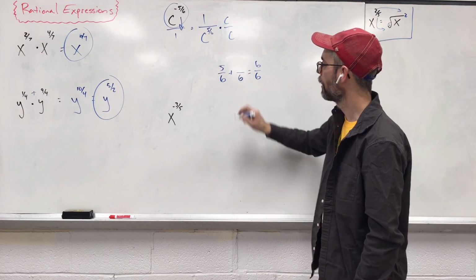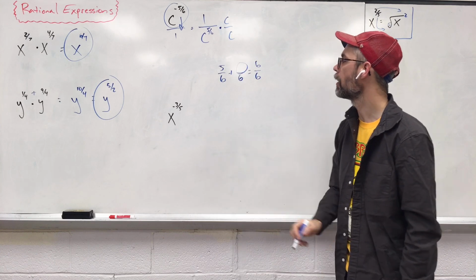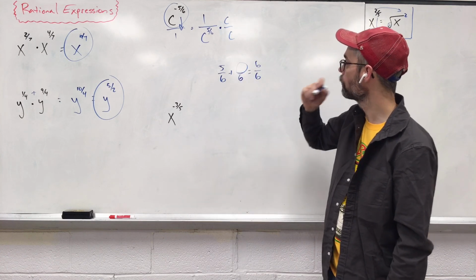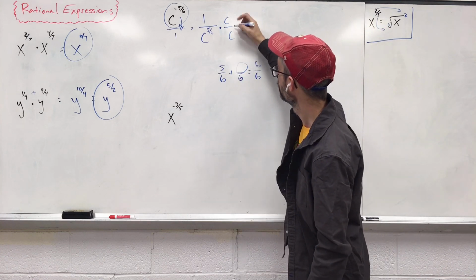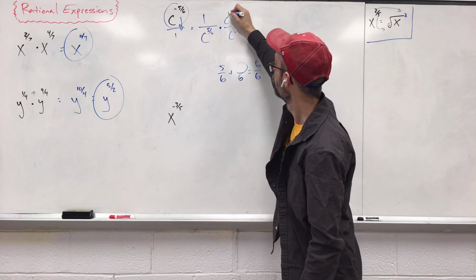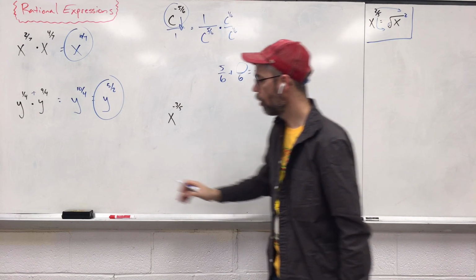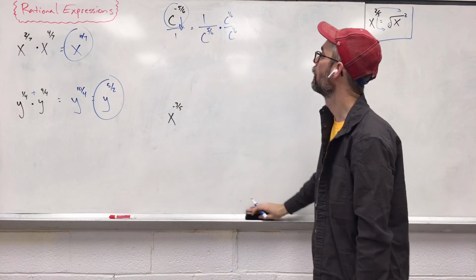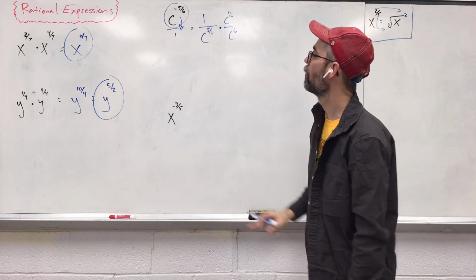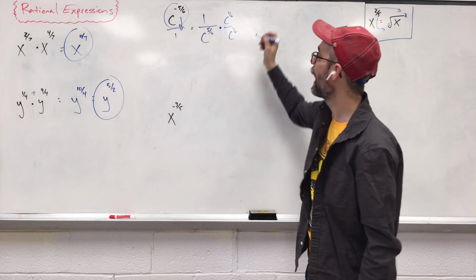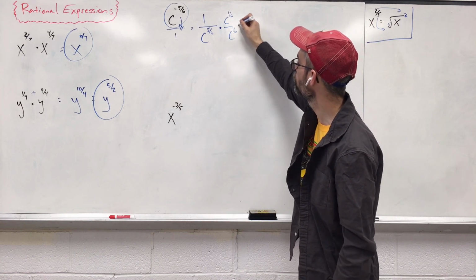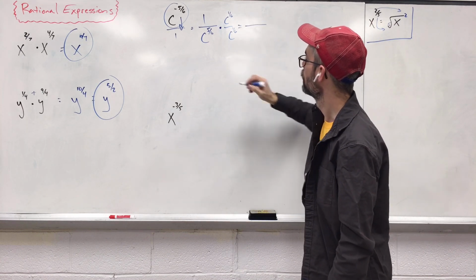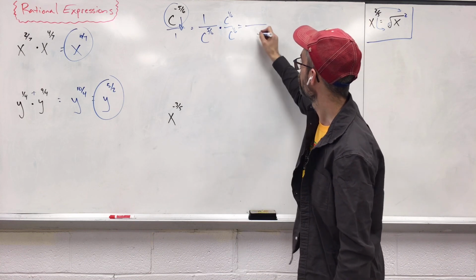Okay, so when I add fractions, I want to put a number right there. What can I add to make that there? Well, let's put a 1. As long as I do something over itself, this has a value of 1. Now, going back to my adding and subtracting rules of exponents, these are the same bases, so I'm going to leave that.